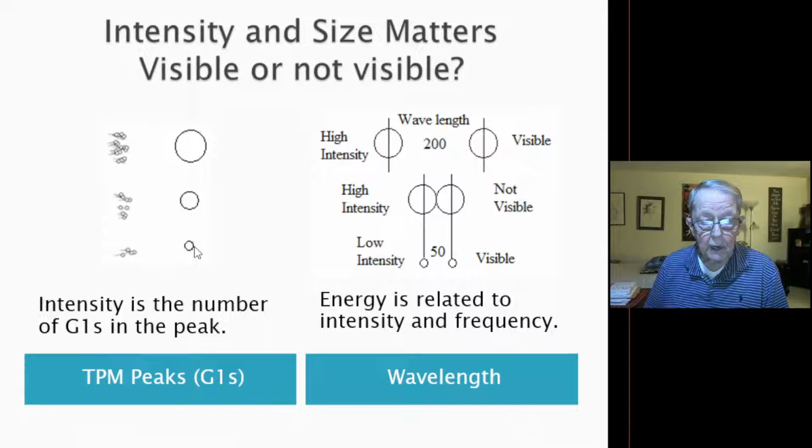But when you get down to low intensity, which is what comes out of the aperture, very low intensity, then you can be at that same wavelength of 50. It is visible to the extent that there is enough intensity in the first place to trigger your eye or trigger the detector.